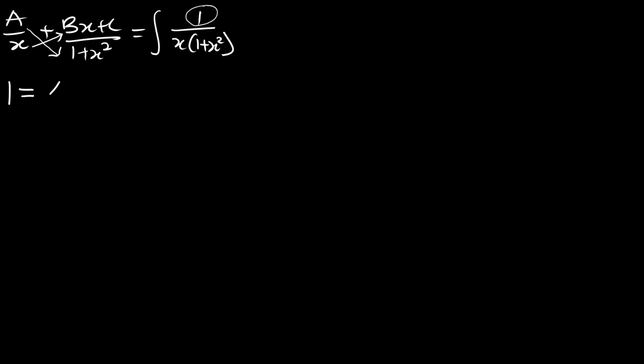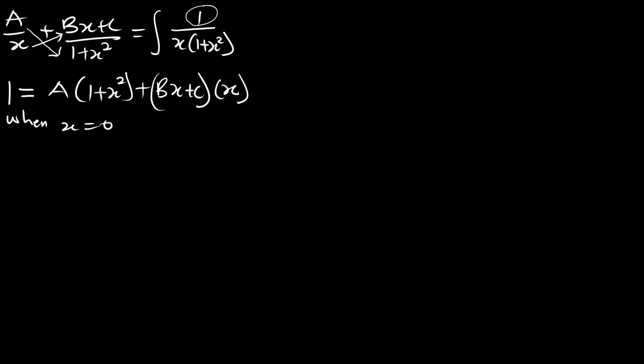A is going to take the 1 plus x squared, plus (Bx plus C) is going to multiply the x. We want to find the value of A and B when x is equal to 0. When you put x equal to 0 into the equation, you are going to get A is equal to 1.